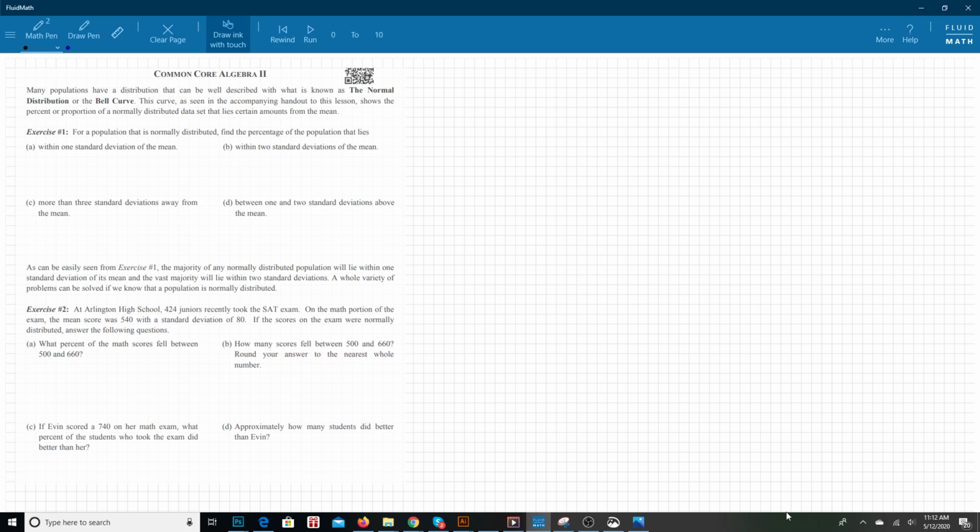The norm of information. So, in a given population, you have data or information falling within a certain percentage, which is known as a deviation of the mean, an average.